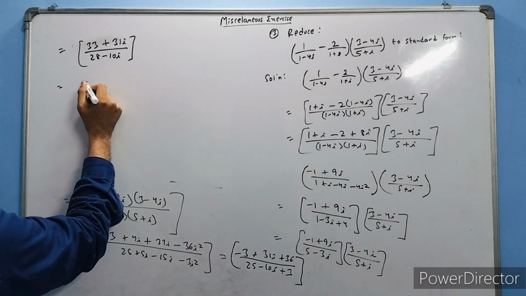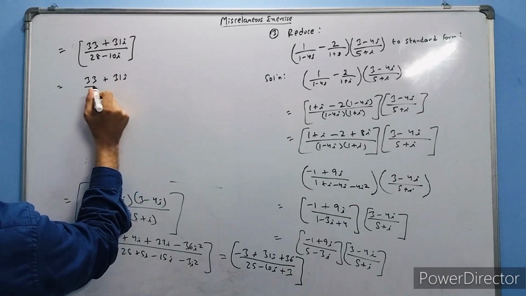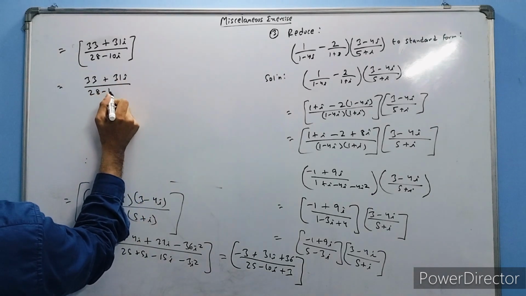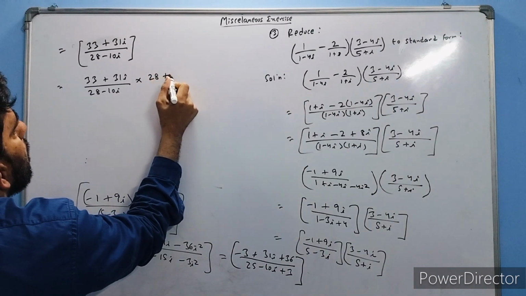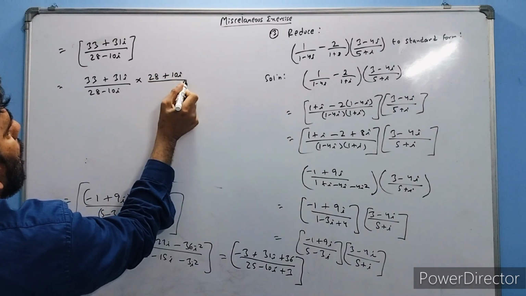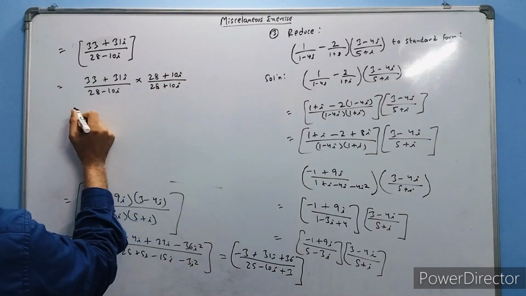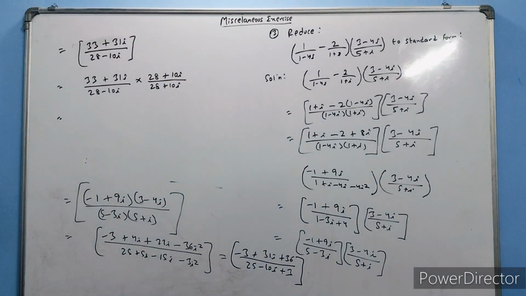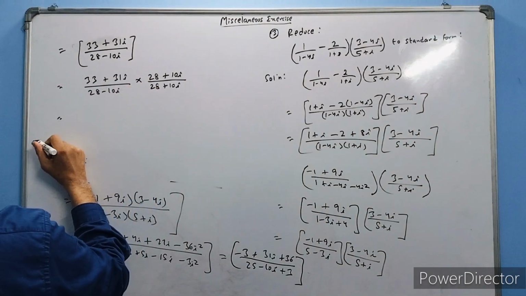Let us rationalize this. So we have 33 plus 31i upon 28 minus 10i into 28 plus 10i upon 28 plus 10i. Now I will rationalize. Now we will multiply, that is 33 into 28.